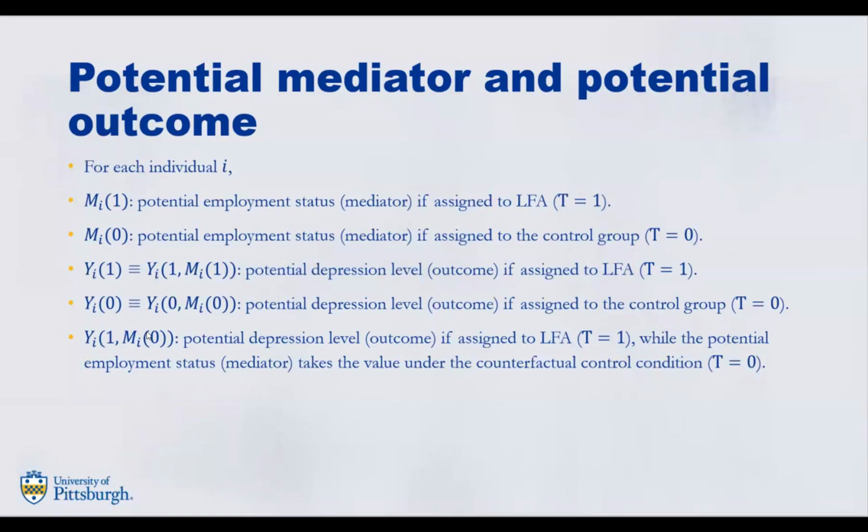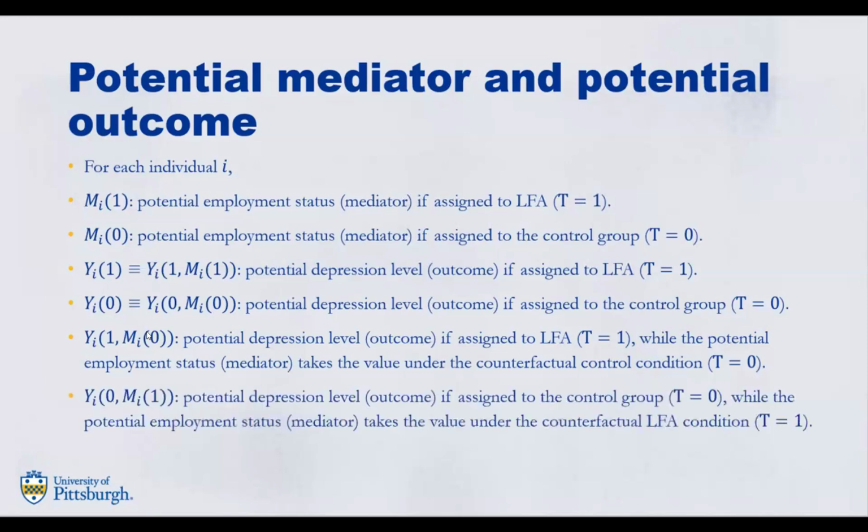This can never happen because if i was actually assigned to the LFA group, then the potential mediator actually takes M_i(1). It is not M_i(0). But we do need this quantity to define the indirect effect. You're going to see that more clearly later.